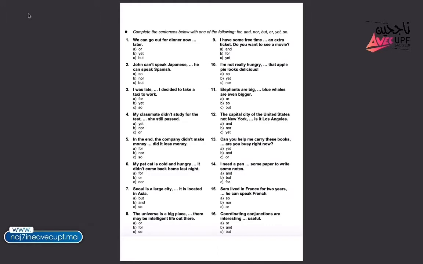So we choose A or B or C. Is it the answer A, or the answer B, or the answer C? Here I have a choice: we can go out for dinner now or later. So here the information contains a choice.